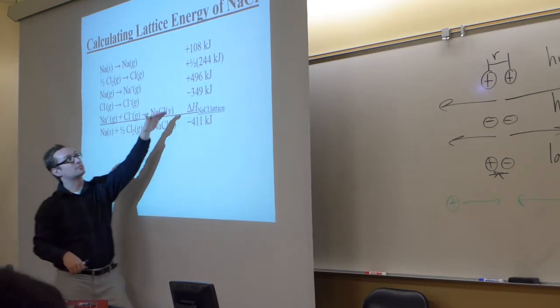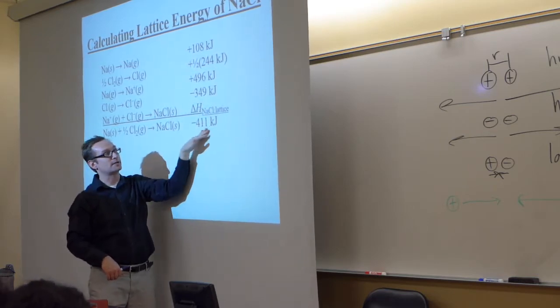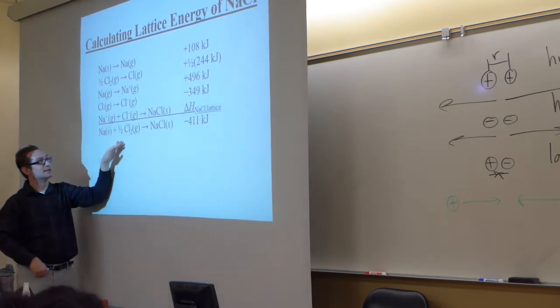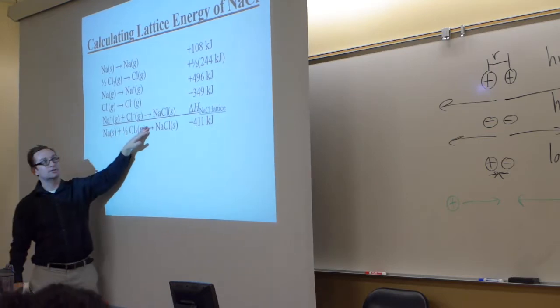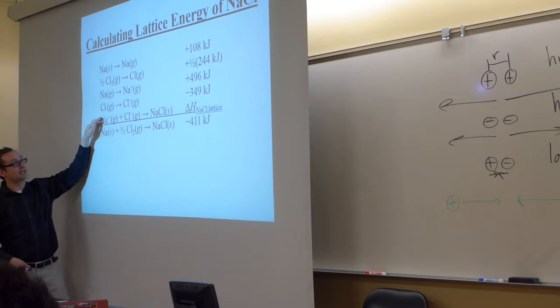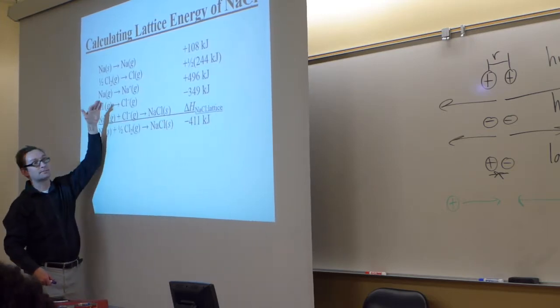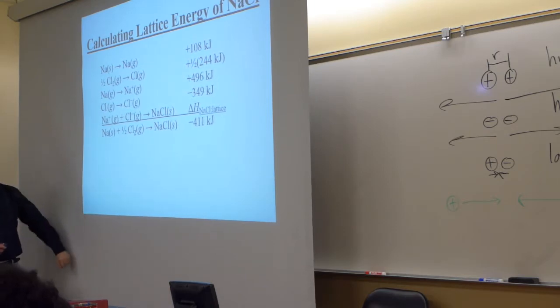So all of these enthalpies are going to dump down and add up to this overall heat of formation of sodium chloride. So this bottom reaction is always going to be the heat of formation of the substance. The second reaction from the bottom will always be that of the lattice energy, and then you have all the steps of the Born-Haber cycle before that.